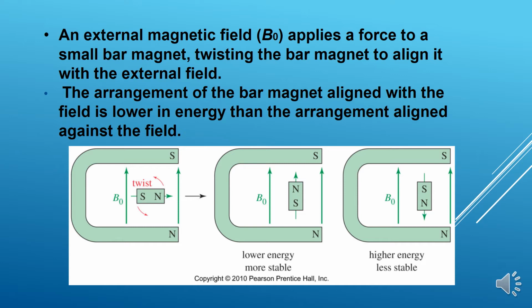The arrangement of the bar magnet aligned with the field is a lower energy state, that is alpha, than the arrangement aligned against the field. Aligned with the field means north positions to south of the applied field, south to north.